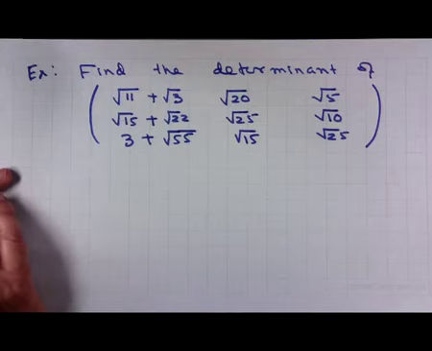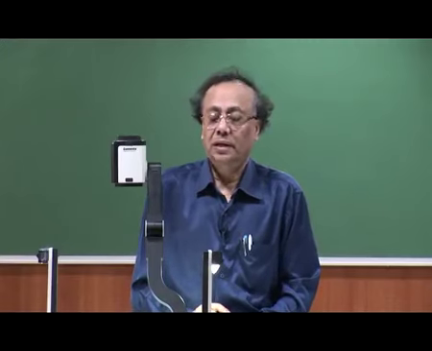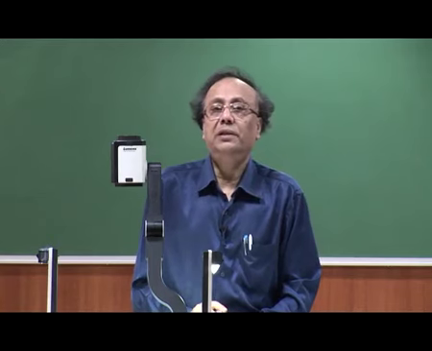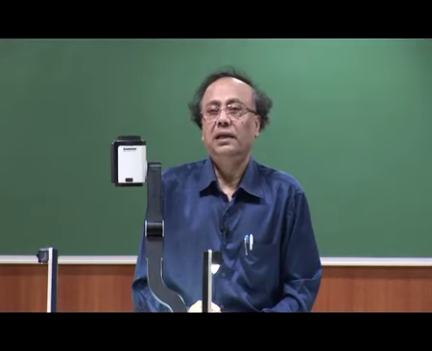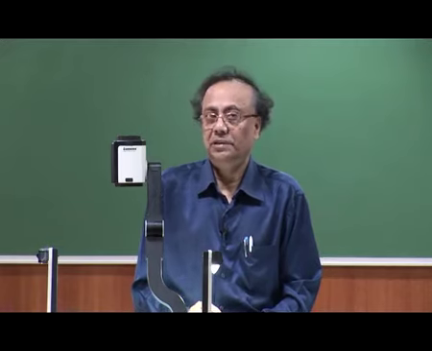We know that if some row or some column of a matrix, each element can be written as a sum of two quantities, then we can write the entire determinant as the sum of two determinants.